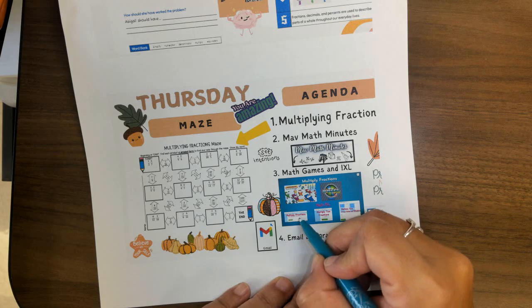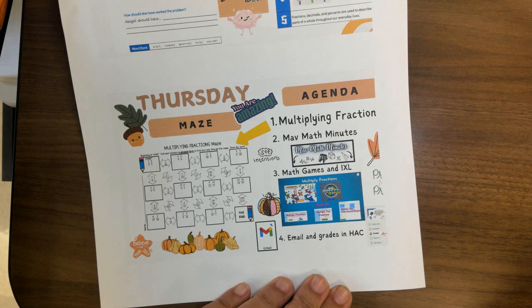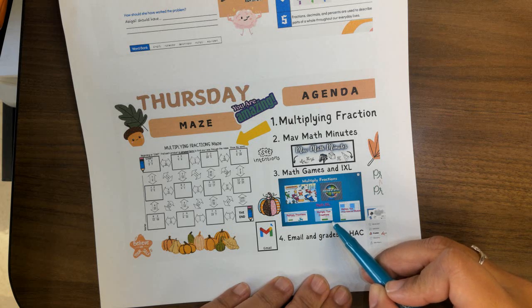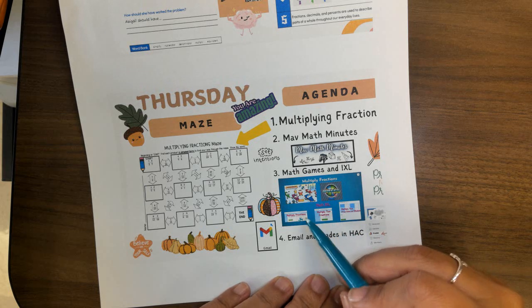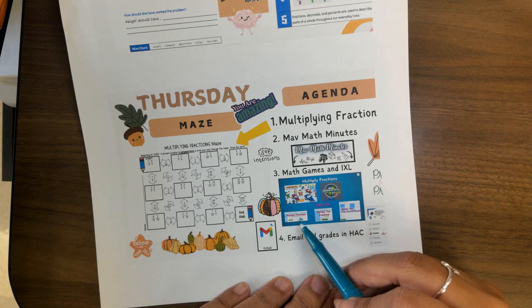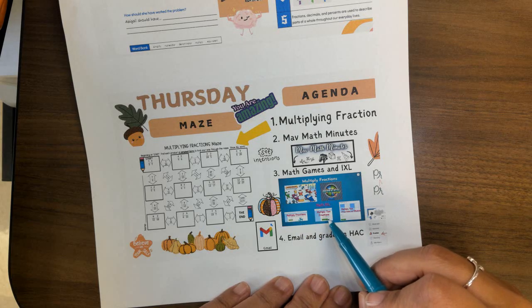This first one right here on Math iExcel. If you want more of a challenge, then do what we did today, multiplying two fractions, okay? And so the multiplying fractions, this first one right here is multiplying with whole numbers, like we did for the error analysis. You need to put a 1 as the denominator, then multiply straight across. This one is practicing what we're doing here with the maze today, okay?